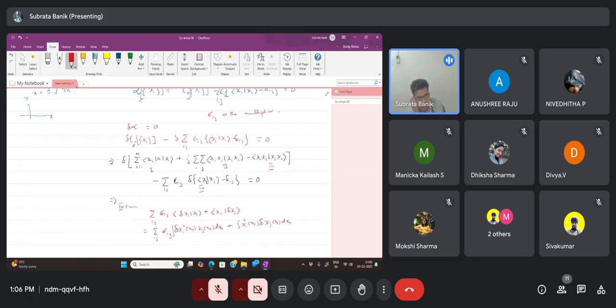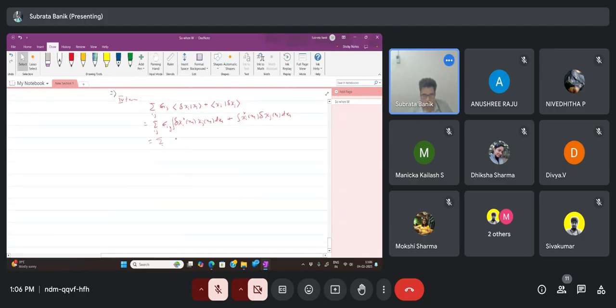Now you can see that I can just do my exchange of variables, right? Since they are dummy variables, since I have integrated over all i and j and all x, I can make i into j, right? Because I have a sum over it. So you can write this as sum over ij epsilon ij delta chi i star x1 chi j x1 dx1.